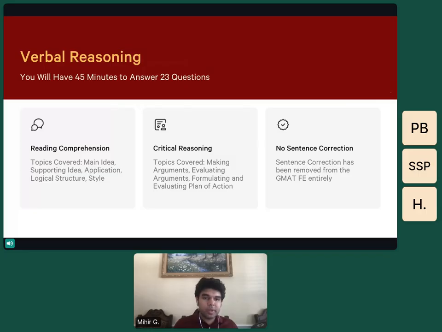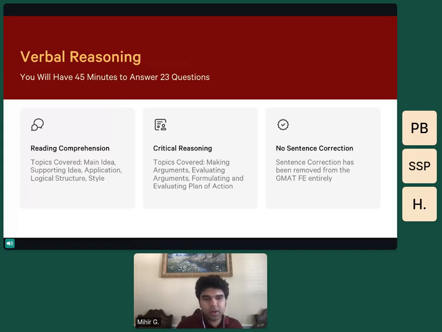Now, looking at the verbal reasoning section, here you'll have 45 minutes to answer 23 questions. There are 2 types of questions on the verbal section. You'll have reading comprehension, which involves a larger paragraph and multiple questions for it back to back. The topics covered here are main idea, supporting idea, application, logical structure, and style.